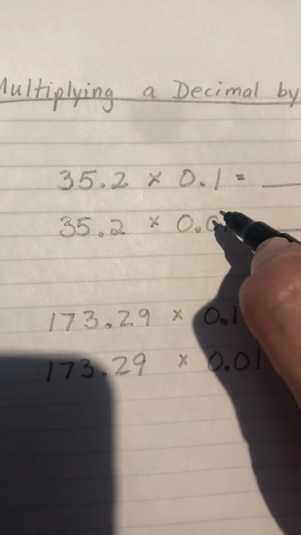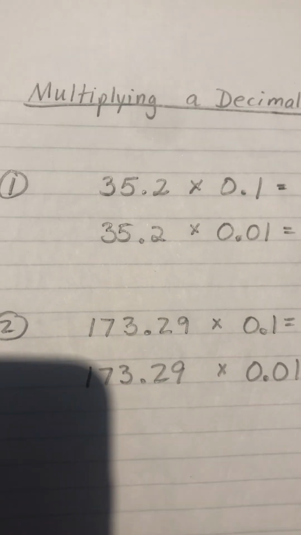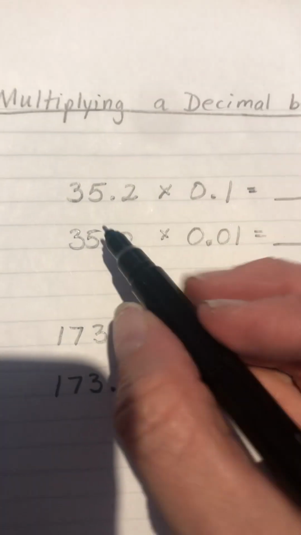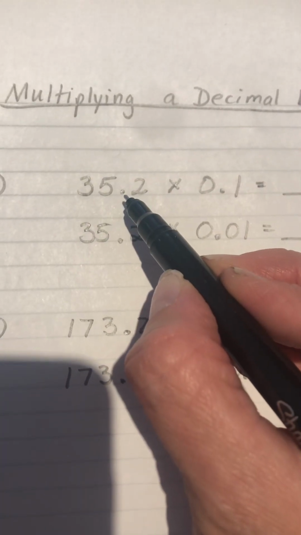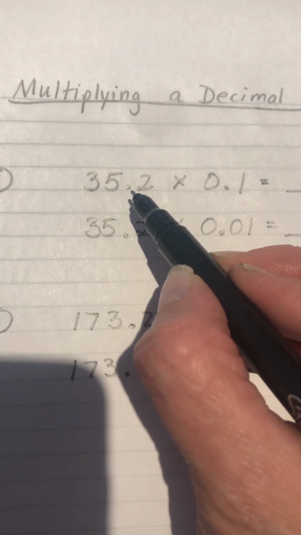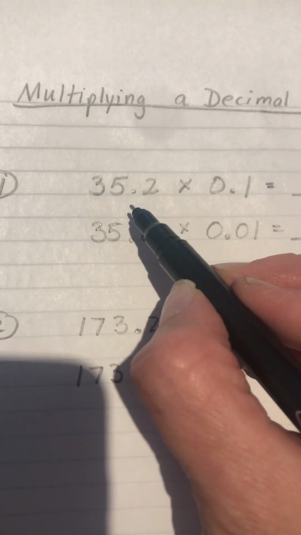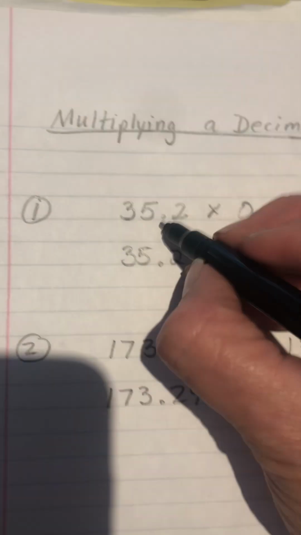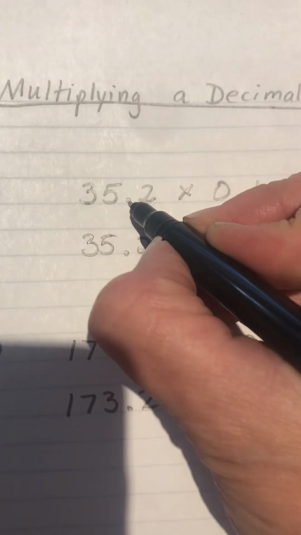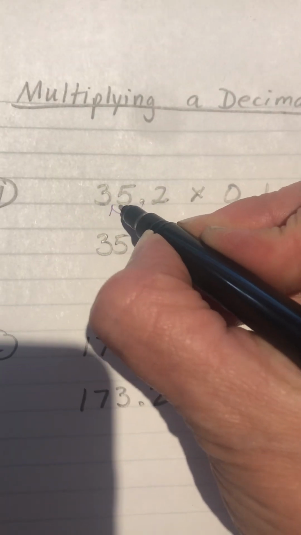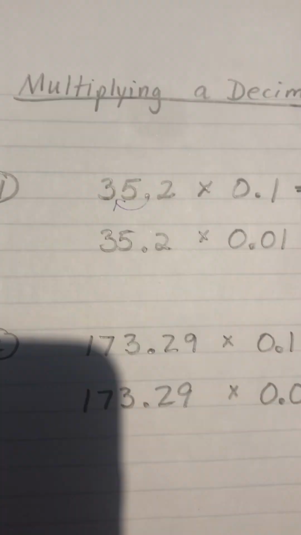The easiest way to do it, and the easiest way to show your child or your student, is to start where this decimal point is here, and we are going to move this decimal one place to the left. So if they put their pencil here, move the decimal one to the left, draw a little arrow, that typically helps.